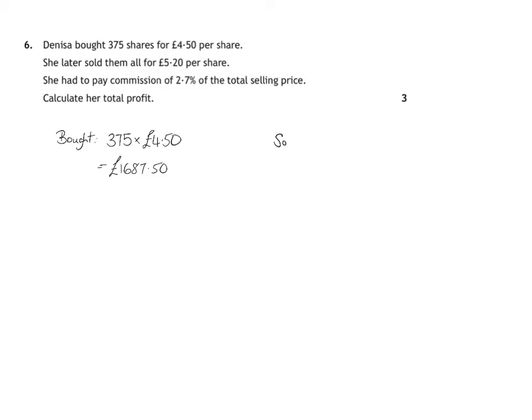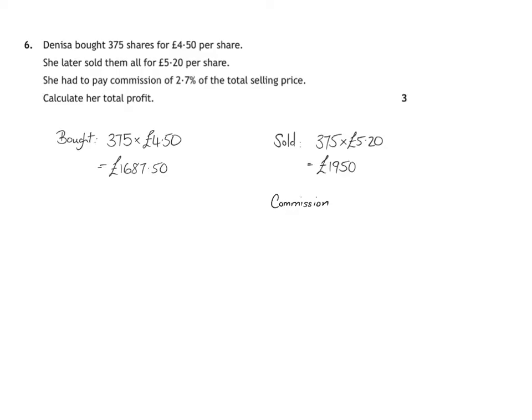She sold them all, so 375 again, times my £5.20. So 375 times £5.20 comes to £1,950. However, that's not what she actually got, because she has her commission.